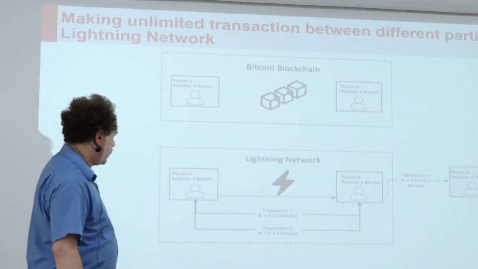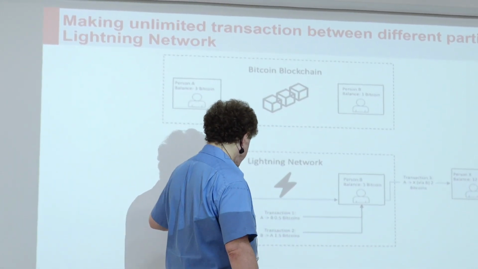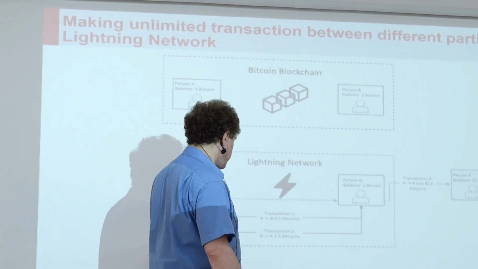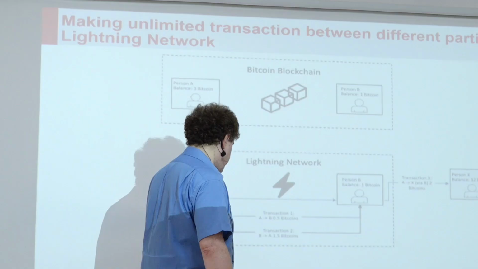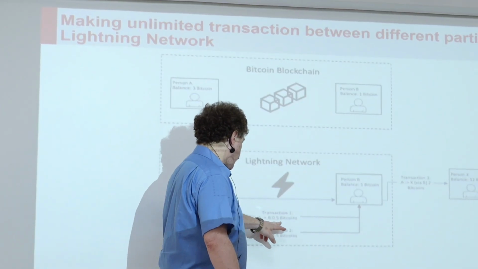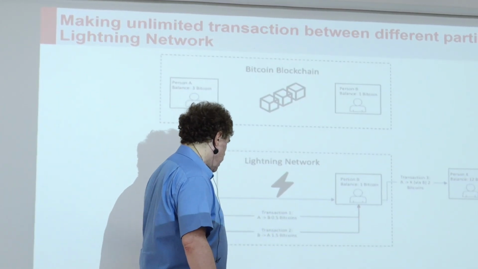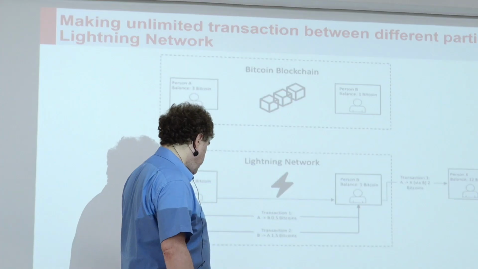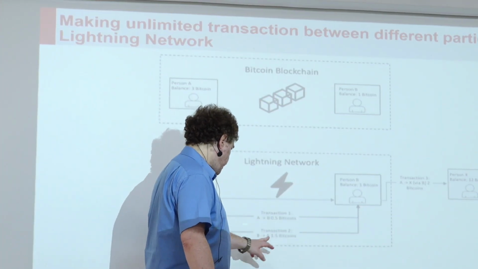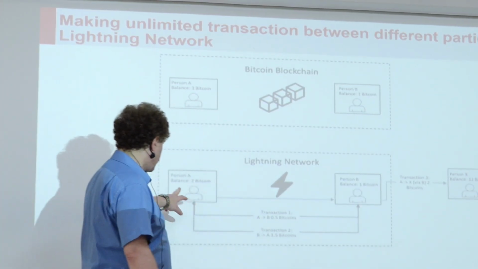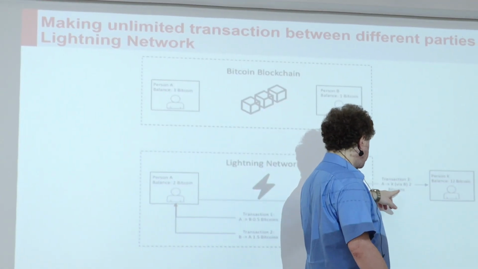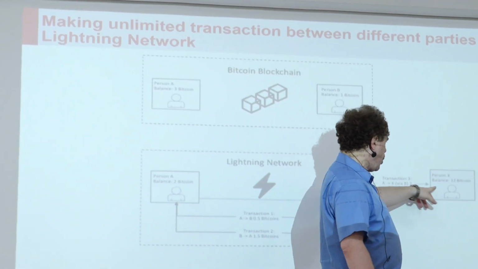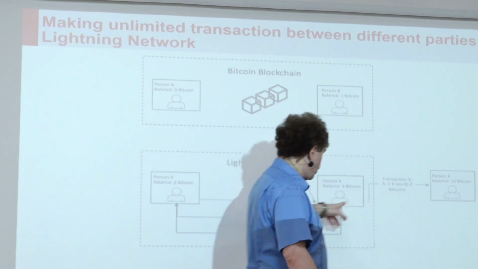So then they do some transactions between them. Say, for example, node B would be receiving 0.5 Bitcoins from node A, and then later node B would send 1.5 Bitcoins to node A. And node B can also send some transactions outside of the channel.